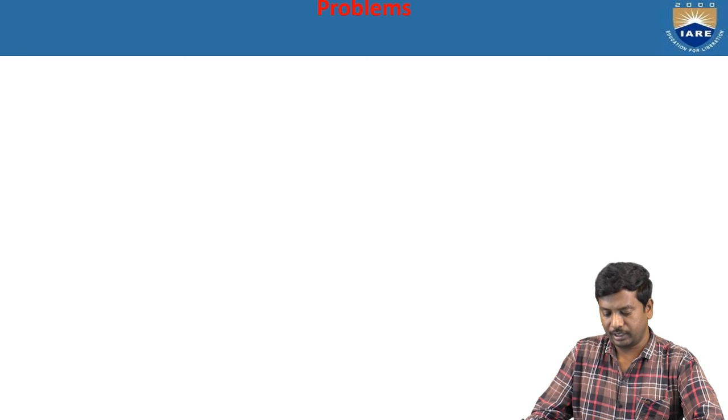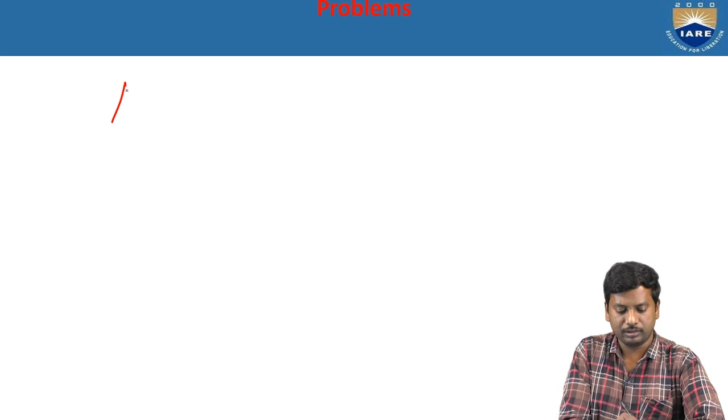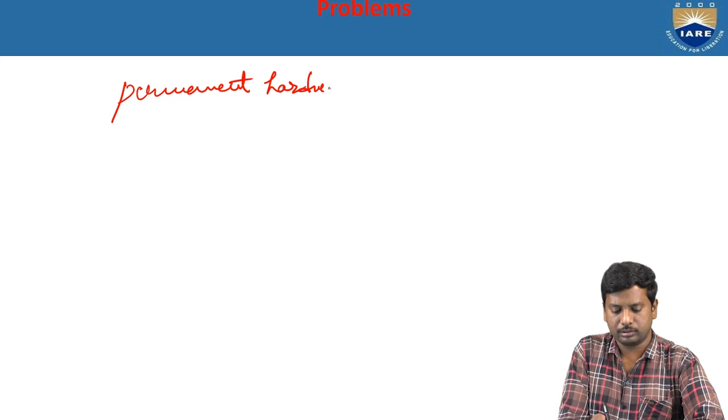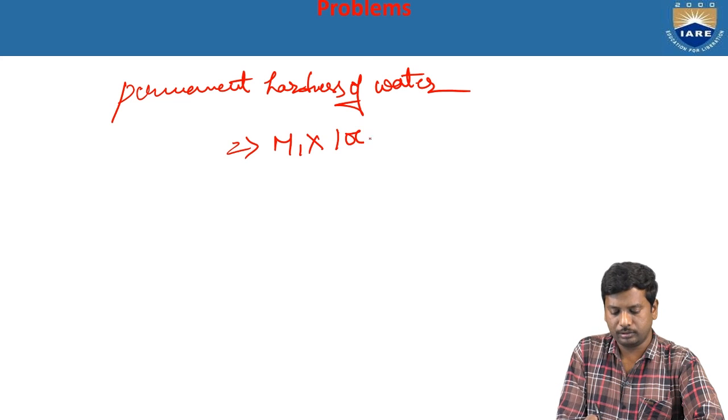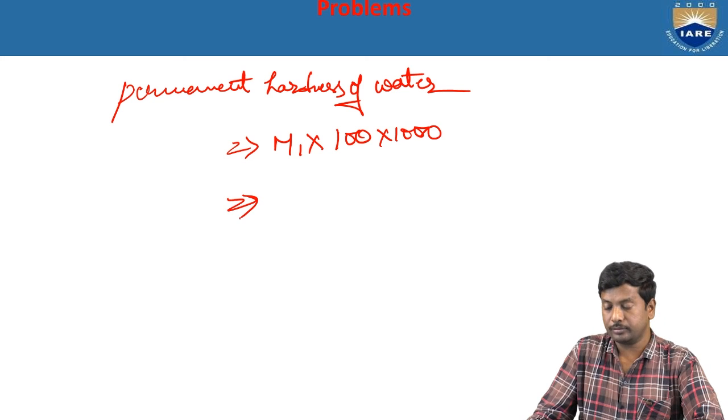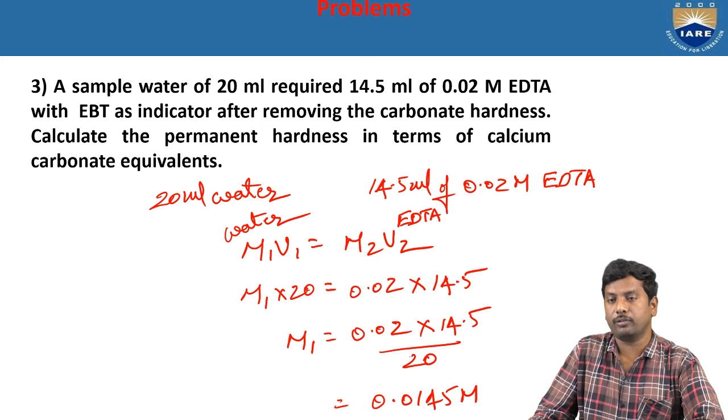So from this molarity we can calculate the permanent hardness of the water. Permanent hardness of water is equal to M1 into 100 into 1000. What is the value of M1? 0.0145.